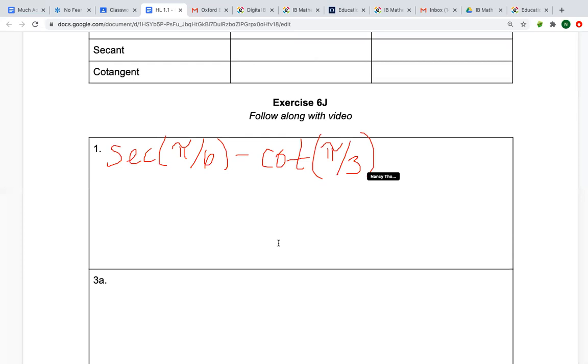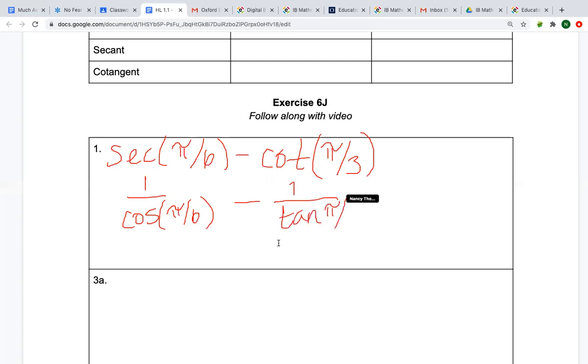So the first thing is to remember that secant is the same thing as 1 over cosine of pi over 6, minus, this would be 1 over tan of pi over 3. And you should know these from your unit circle, because I know you all remember your unit circle. So this would be 1 over the square root of 3 over 2.